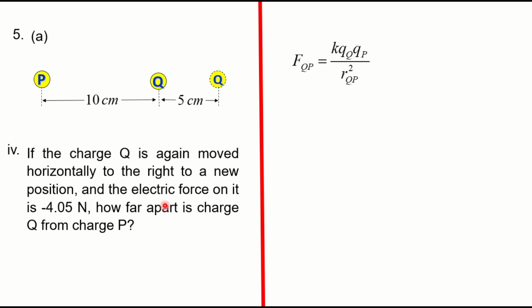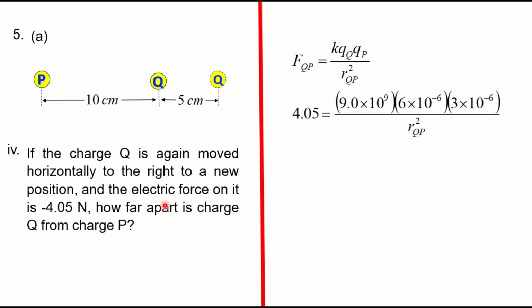So now we are using the formula for electric force, and the new electric force is 4.0 times 10 to the power of 5. K is a constant, Q is the charge of Q, which we got from the question earlier, 6, and charge P, which is 3, divided by the distance between them squared.